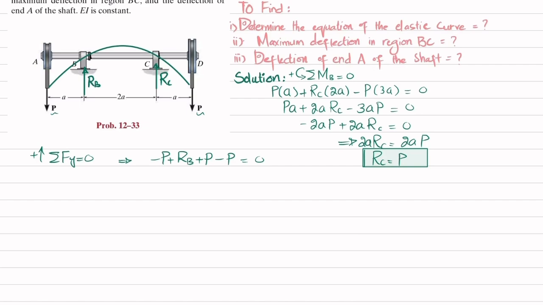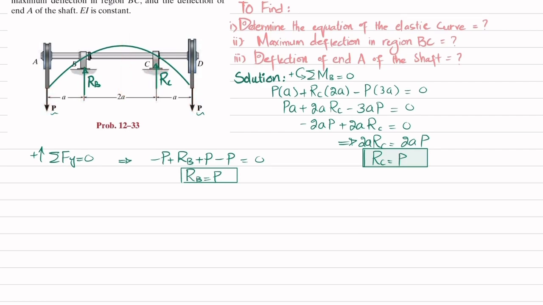So RB is also equal to P. So we have both RB and RC. Also you can see that this shaft and its loading are symmetrical about the axis, so P will be equal to RB, and similarly RC will be equal to P. So you can do it that way as well.